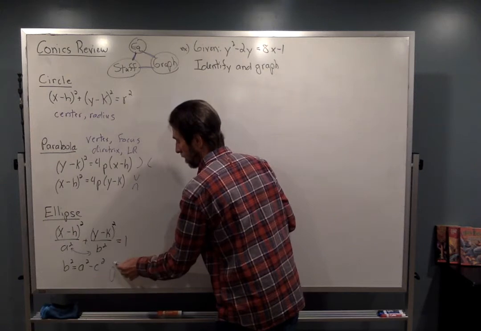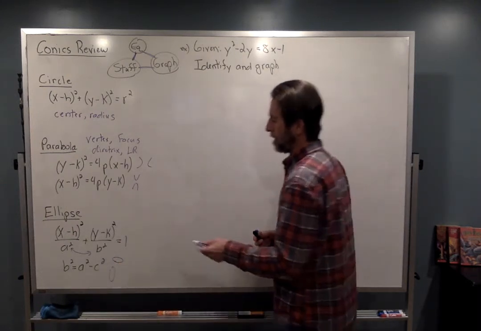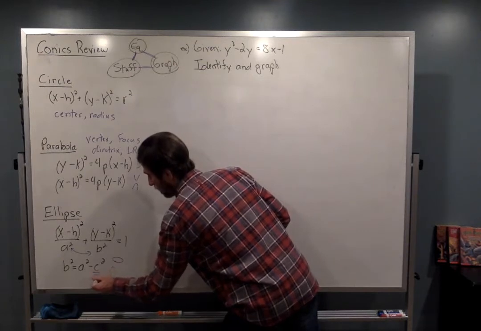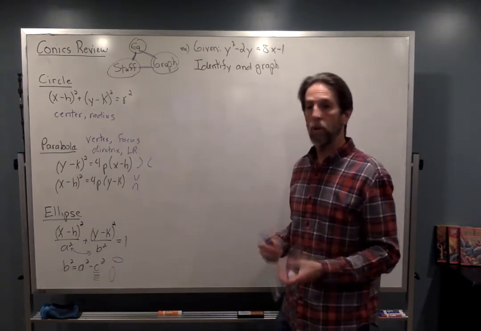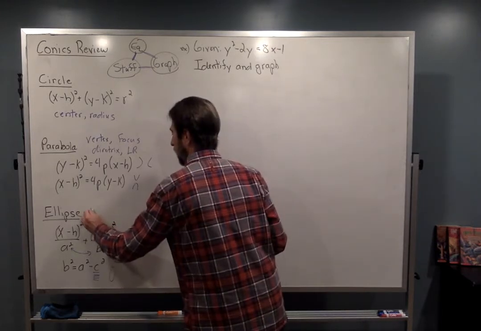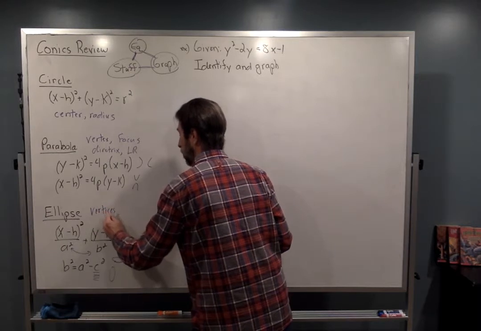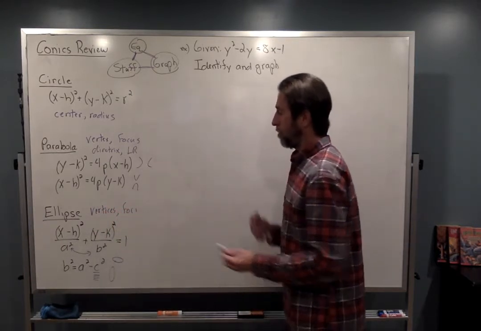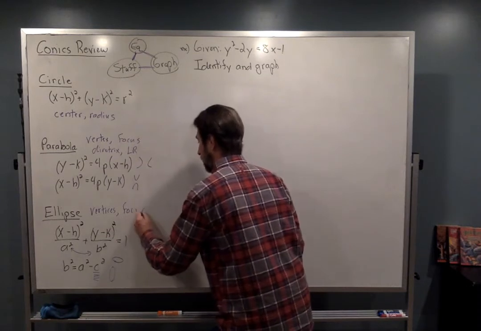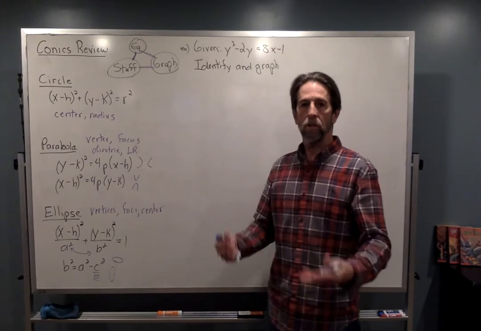If it's under the x, it's going to be a horizontal ellipse. This mysterious value c isn't really on the ellipse, but it does help us find what we call the foci. So here, again, we have vertices, there's more than one. We have foci. And then from that, of course, we still have a center. We have the major axis and the minor axis.